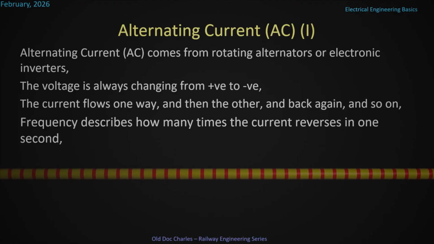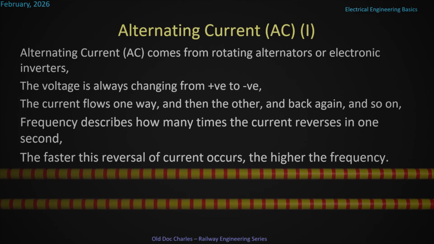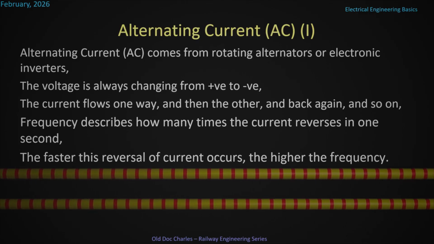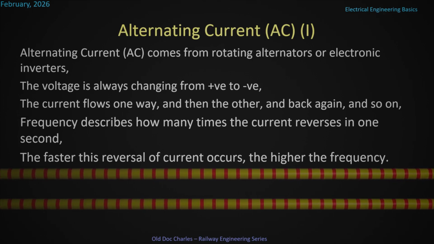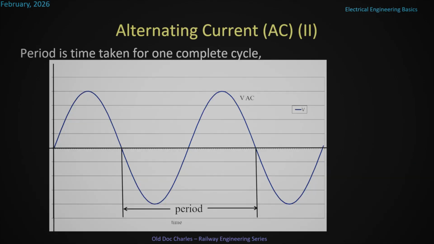The frequency describes how many times the current reverses in 1 second, and the faster this reversal occurs, the higher the frequency. You can see here in the upper wire, the current is going back and forth quite slowly, so it's a lower frequency, and at the bottom, the current's reversing much quicker, so that's a higher frequency.